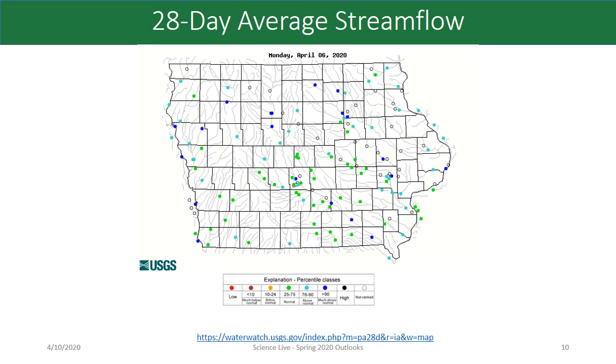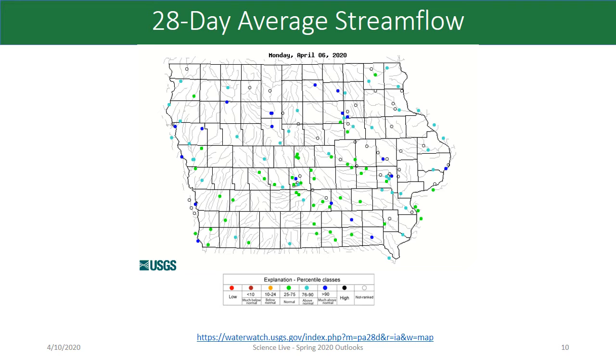Now, tied into soil moisture and precipitation is what we call 28-day average stream flow. So over a 28-day period, the average amount of water moving through our streams is recorded at these river gauges, and they give us an indication of how much water is flowing through the system.